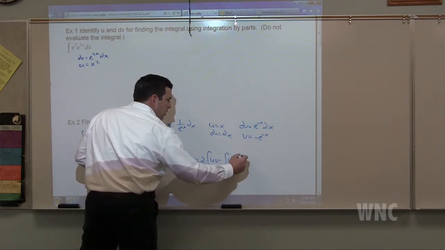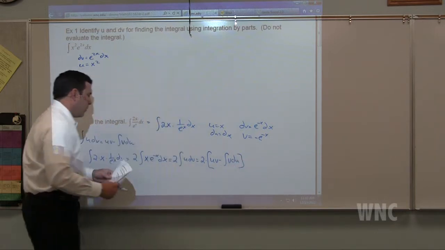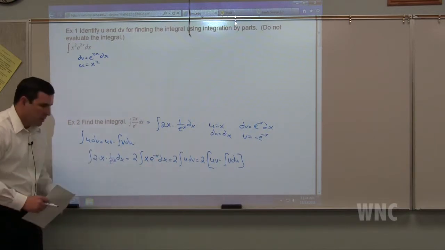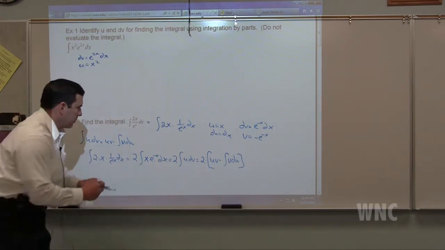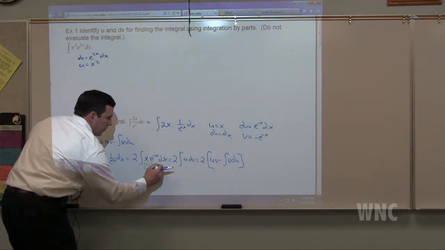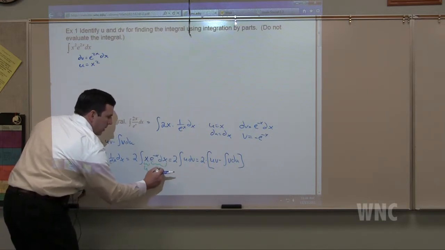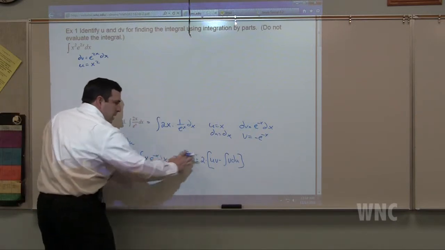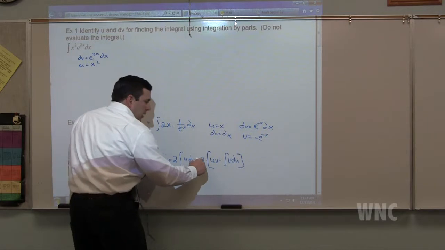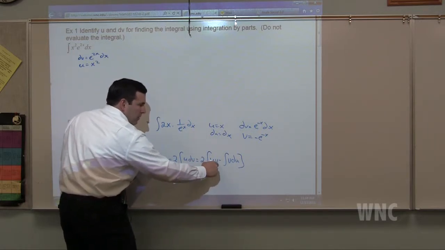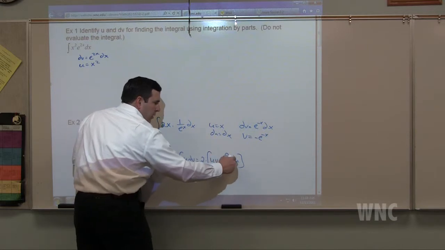So I'm doing the substitution here, where my u was the x, and this part was my dv. Now that I can set it up in that format, it's going to be 2 times, because this 2 is out front, uv minus the integral of v du.